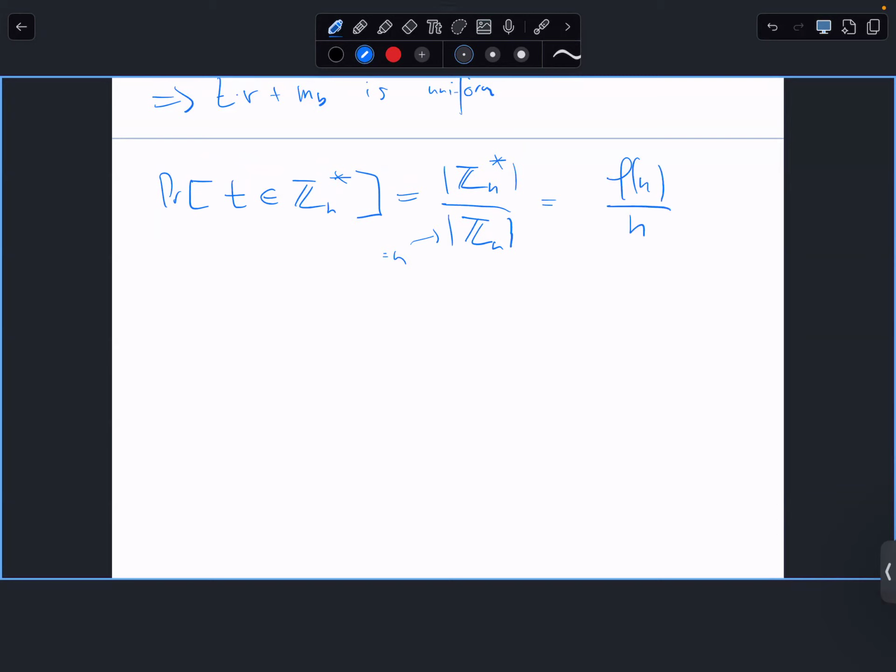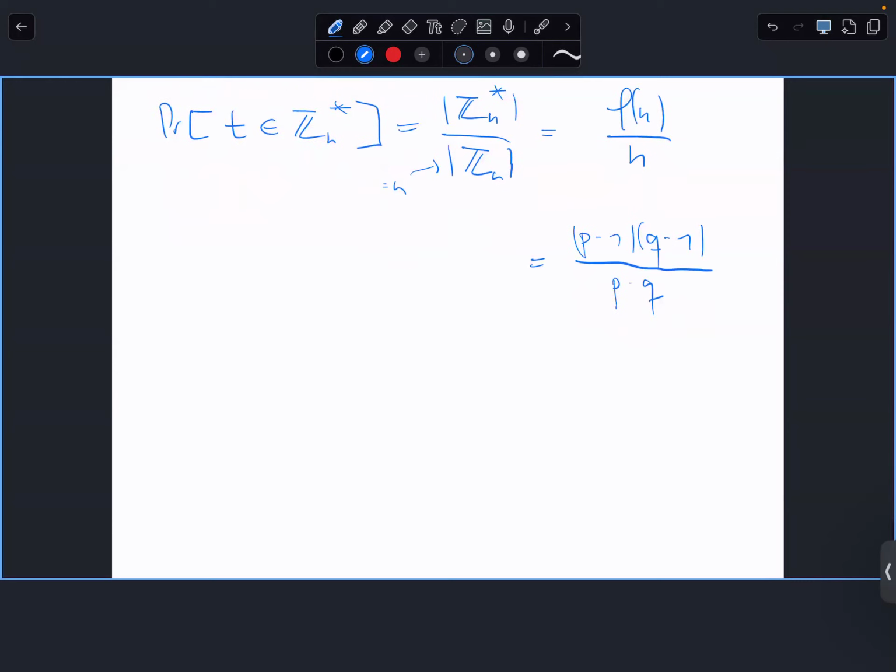So phi of n divided by n, what's that value, right? We just heard this is p minus 1 times q minus 1 divided by p times q, right?